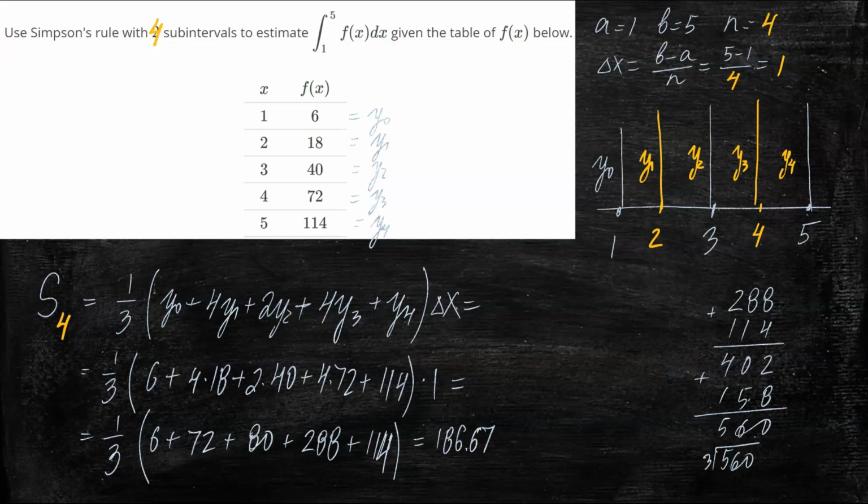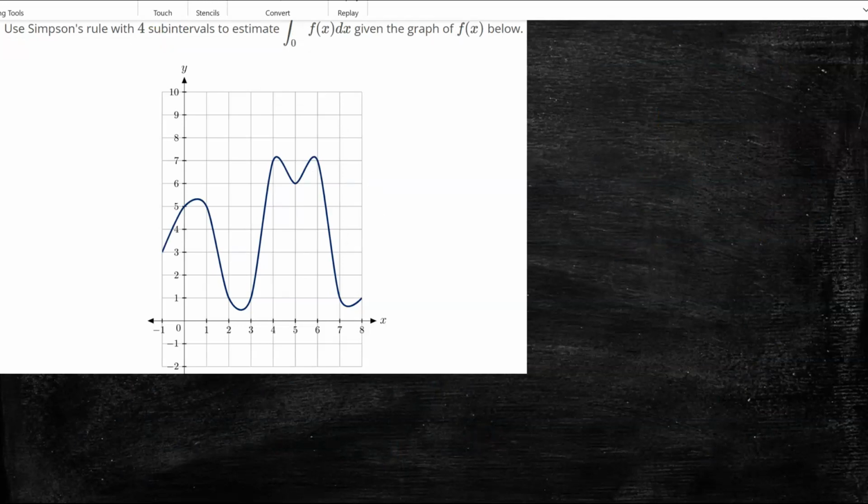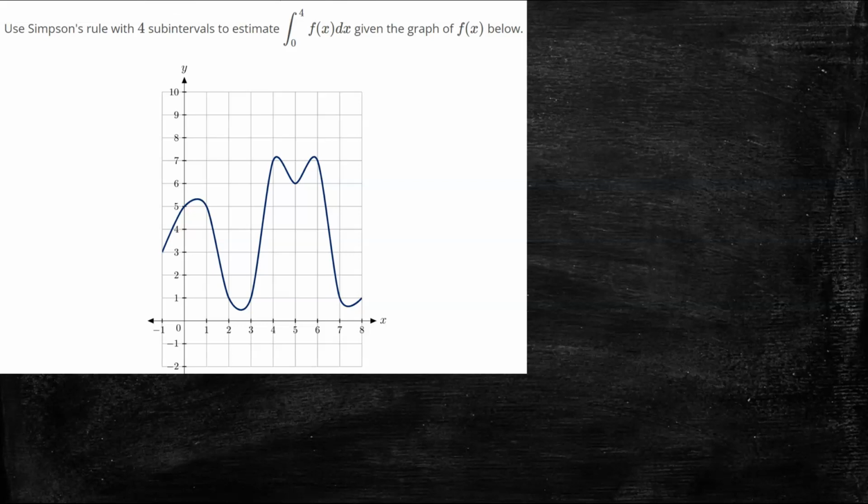All right, let's do another example. In this case, we have 4 subintervals, so the Simpson's formula will be 1/3 y0 plus 4y1 plus 2y2 plus 4y3 plus y4, times delta x.